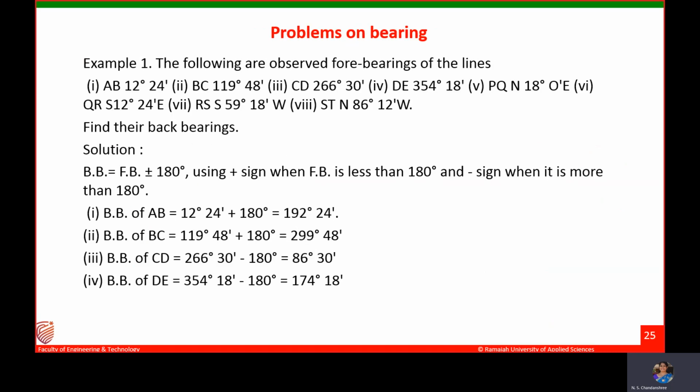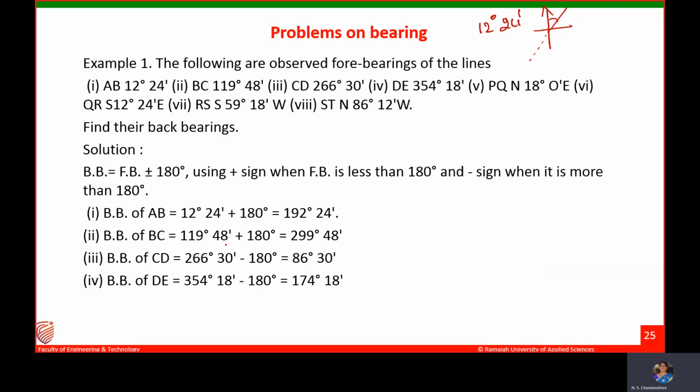Now we'll solve one problem wherein we'll understand how to calculate the back bearing from the given four bearings. These are the four bearings which are given. For line AB, it is 12 degrees 24 minutes from the north. The back bearing is 180 degrees opposite to that.